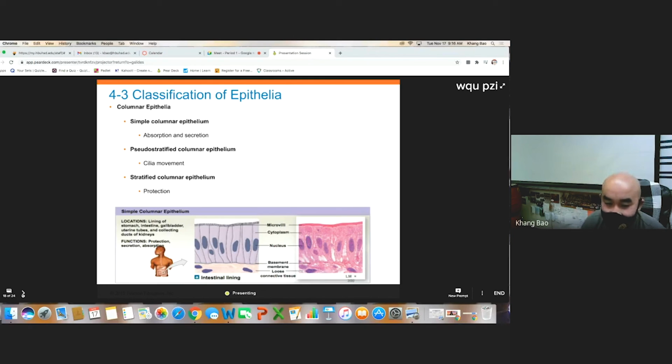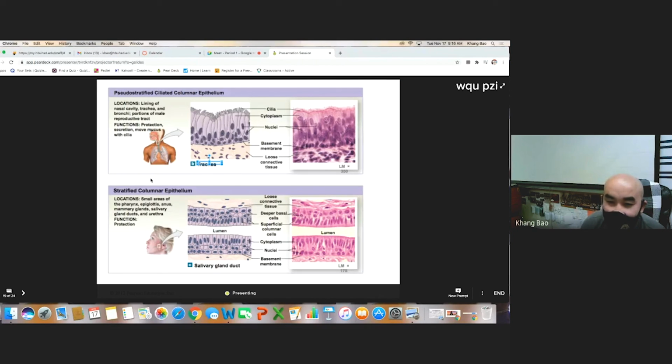Let me see, there's an example right here. This is stratified, you see? Multiple, columnar at first. See, columnar. This is the lumen, this is the tube right here. This is the surrounding. And this has to do with your salivary gland duct.